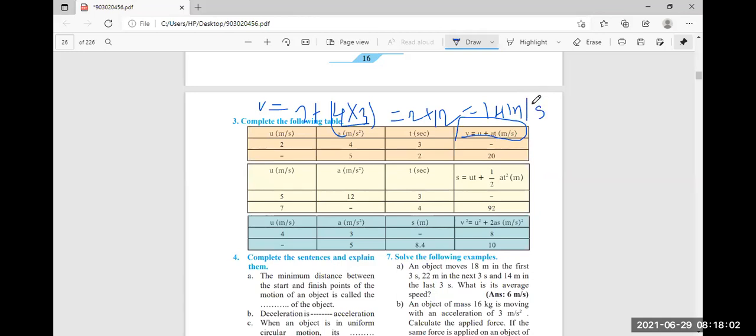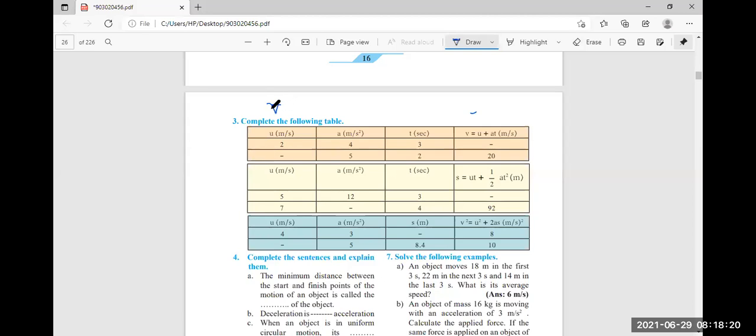Understood everyone? Yes, sir. Now the second problem we have to see, that is given there already. V is given, the formula is the same. V is given, T is given and A. What we have to find is U. So same formula.